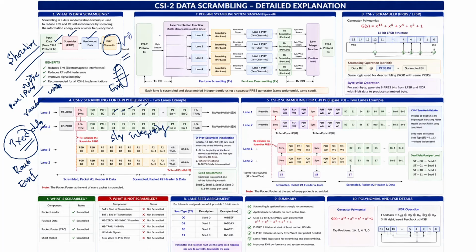We lost that data transmission. Suppose you are transferring parallel scrambling and you receive the same data.